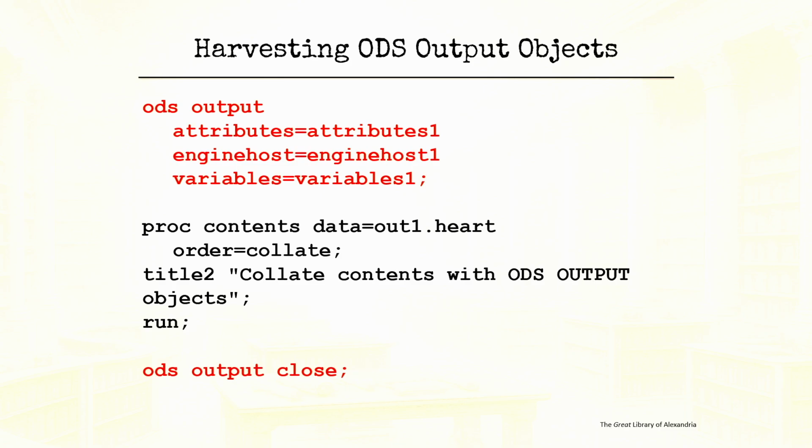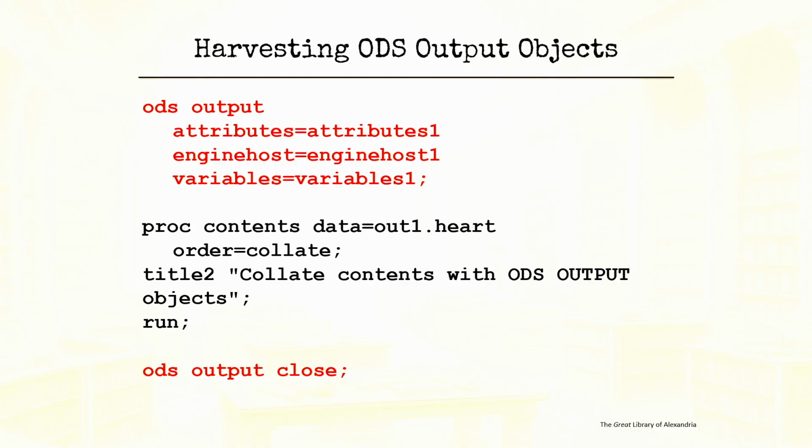The code in the red at the top saves our 3 ODS output objects. And you'll see that's the attributes, and you can name them the same thing, so you can have attributes equals attributes, but I recommend against that because you could overwrite things that you don't want to overwrite.